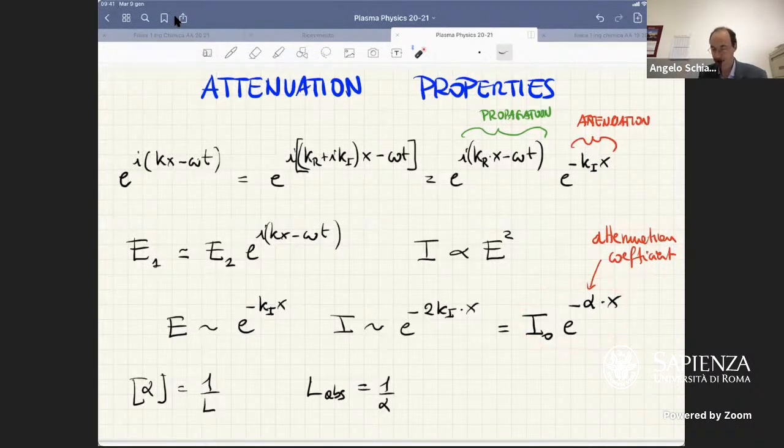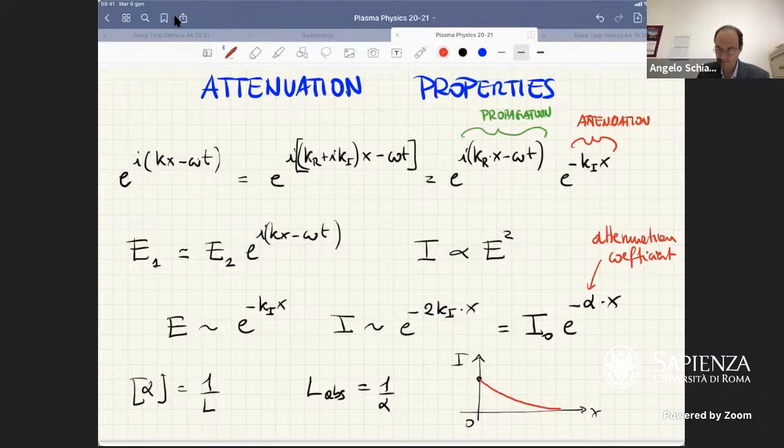So this is expressing the fact that given an intensity I naught at a given point, the intensity drops exponentially as a function of x.